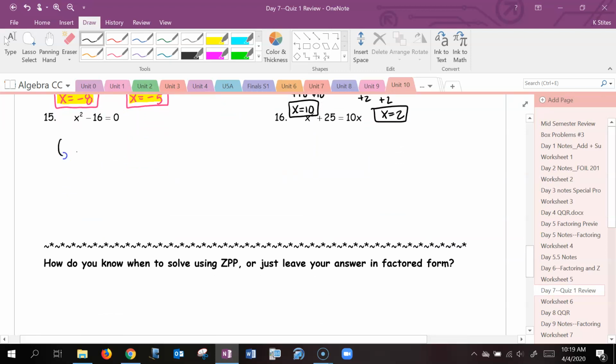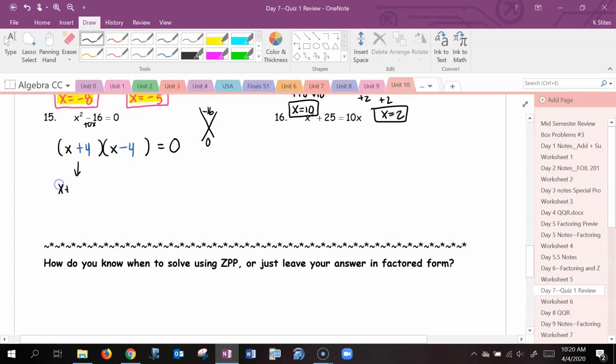Okay, good. I have an equals 0. That means I don't need to move anything. I can go straight to my factoring step. Okay, and this is my setup here. I am multiplying to negative 16, and since there is a 0x in there, I am adding to 0, multiplying to negative 16, adding to 0, and that's going to be a plus 4 and a minus 4.